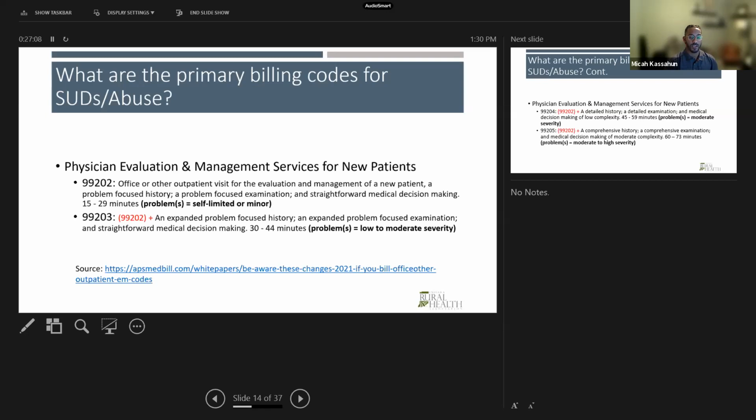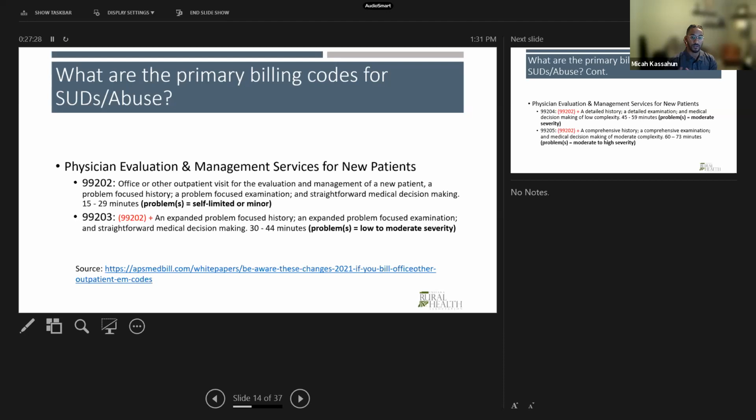You can think of it as just a regular doctor's visit, obviously, because we're not dealing with inpatient at the moment. So for 99202, which has actually been a new code, because 99201 used to be the base code, but now that's been phased out.